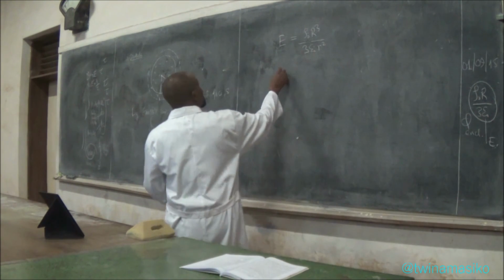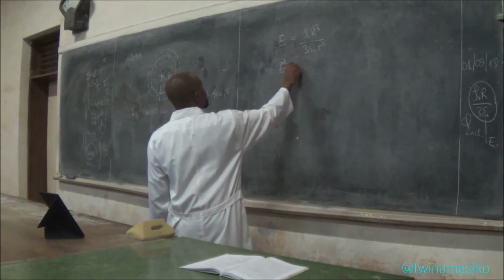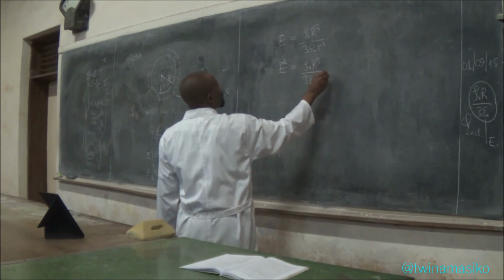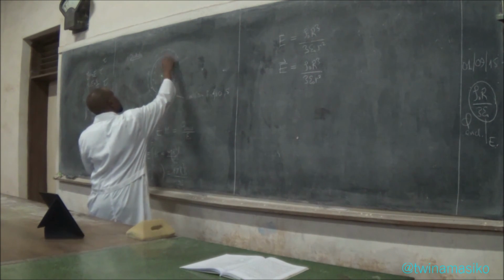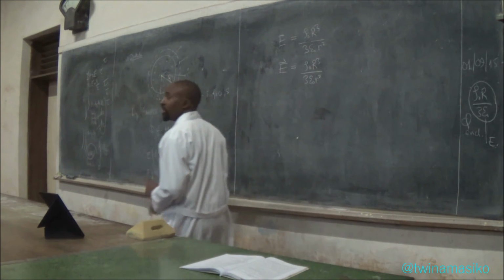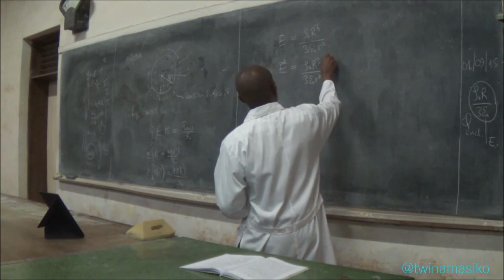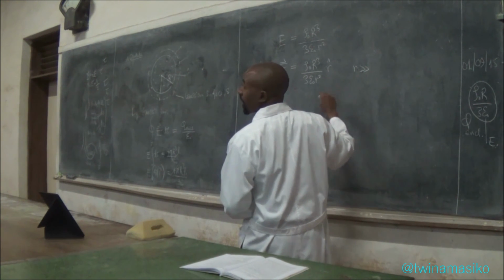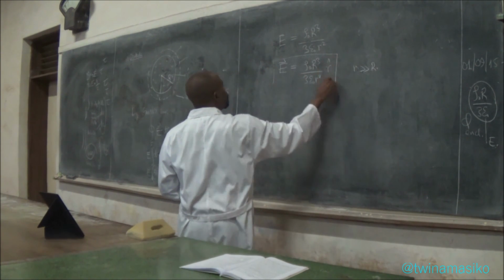So you can write it nicely like how we have started doing it at the university, as E is equal to rho naught R cubed over 3 epsilon naught r squared, and this electric field will be moving along the radius of the Gaussian surface, which is r hat. This is for the case when the Gaussian surface has a radius greater than the radius of the charge distribution, or of the sphere.